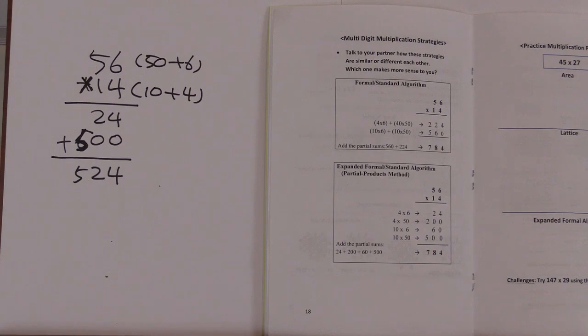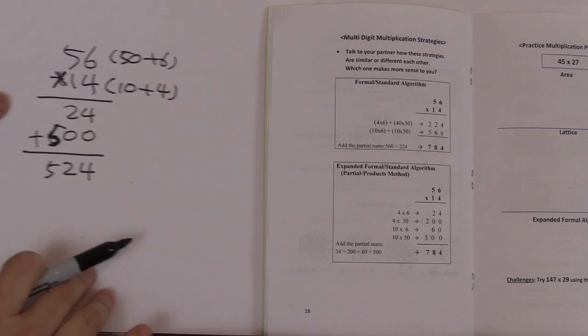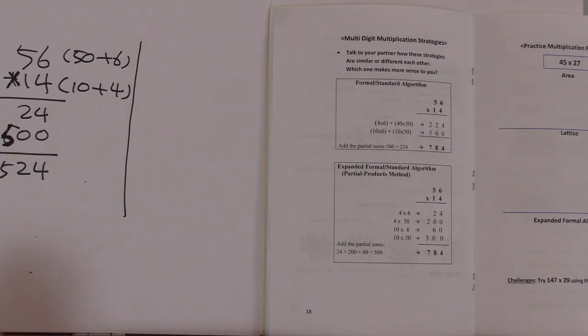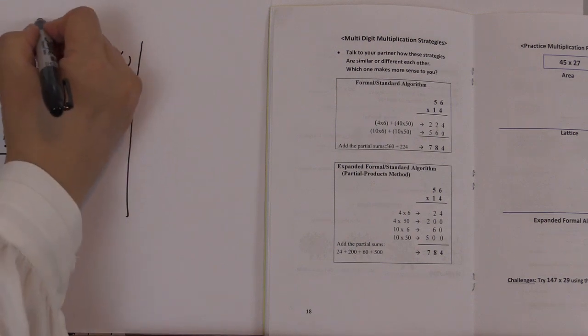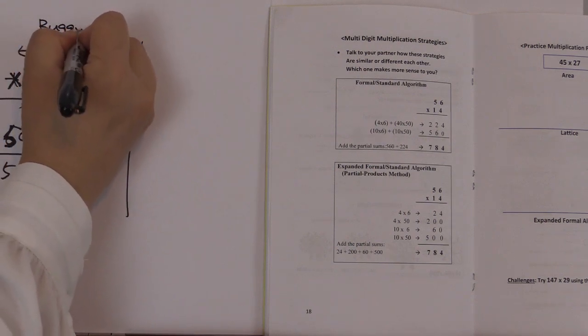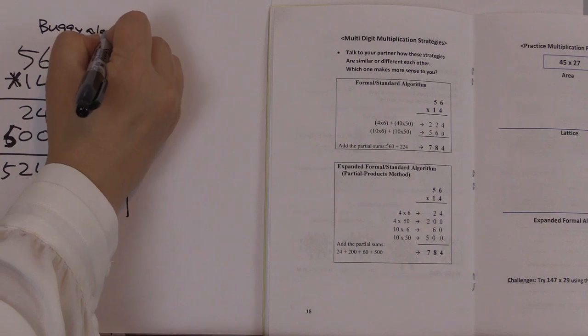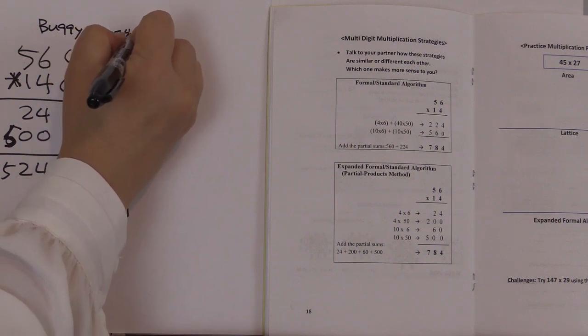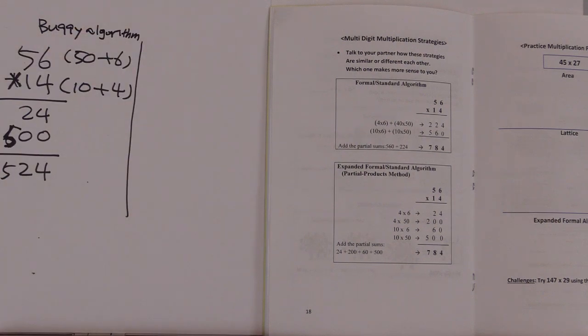So we are supposed to multiply 4 times. So the formal algorithm looks like this. Researchers call this a buggy algorithm. You don't need to know the name, but this is a very typical mistake kids make in the classroom.